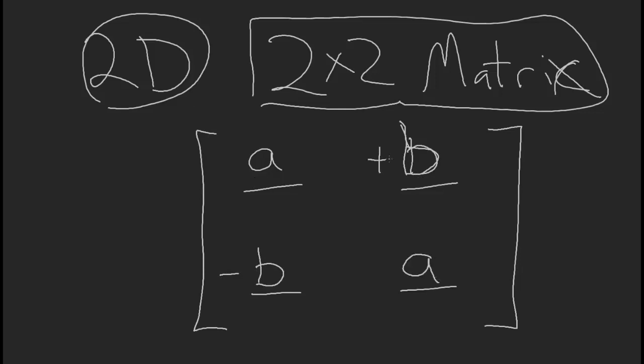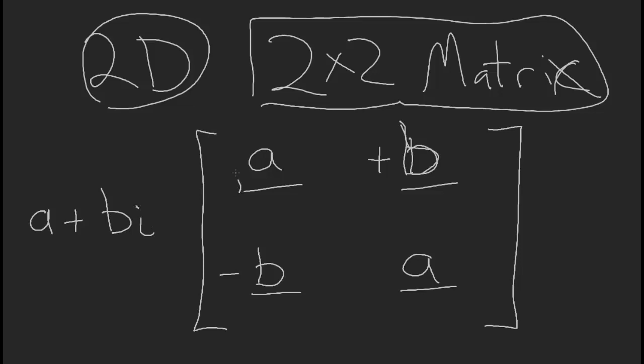So this is positive, this is negative, and these two are the same. And so this is the complete definition of a complex number that exactly corresponds to the legacy equation A plus BI.